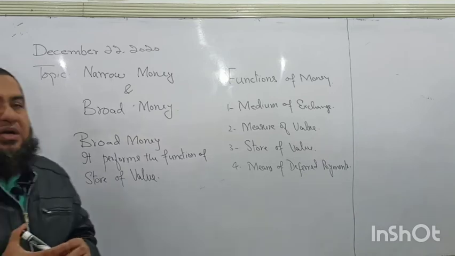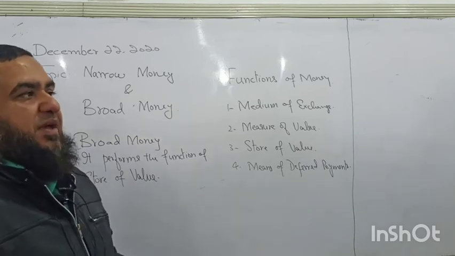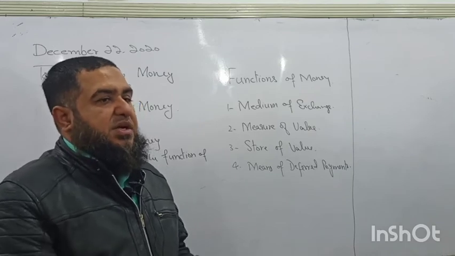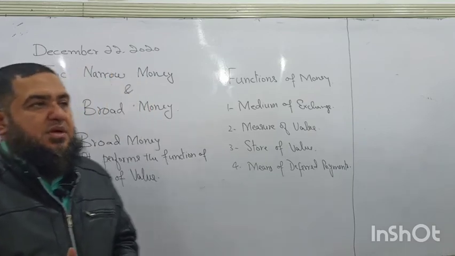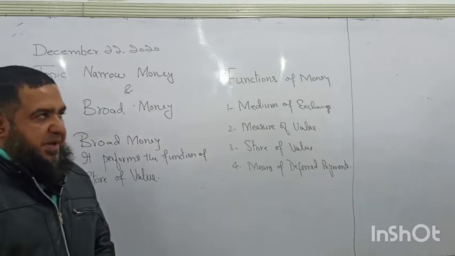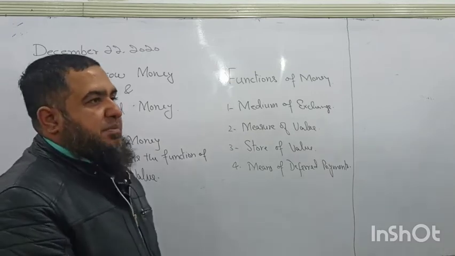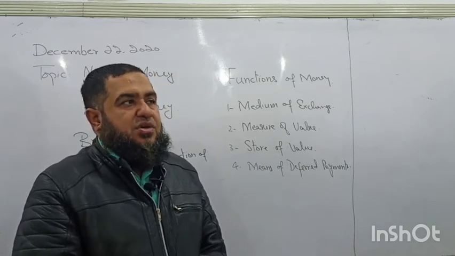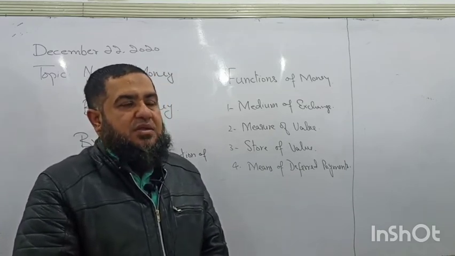Like if you are buying a car, your money is stored in the form of that car. If you want to restore money, sell it out and the money will be restored. If its value has increased in the market, you will have more money than you stored. Or you have purchased a property, and that money is stored in the form of that property. If you sell it, your money will be restored along with a profit.